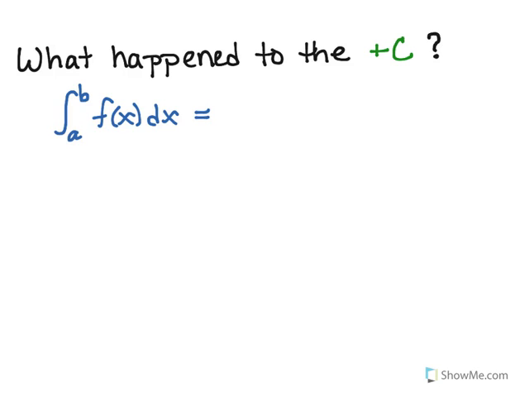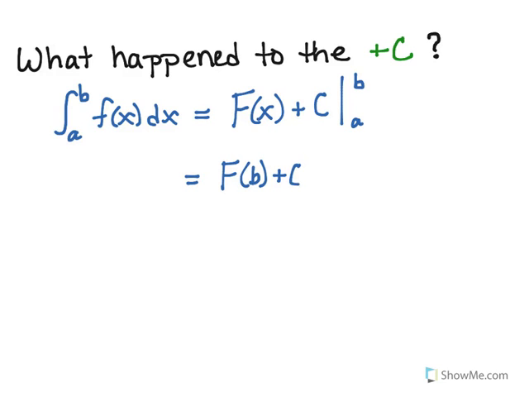Before we would write that that was the antiderivative capital F of x plus the constant of integration, but now we evaluate from a to b. Plug the b in first and the a in second, and you get F of b plus c minus F of a plus c.